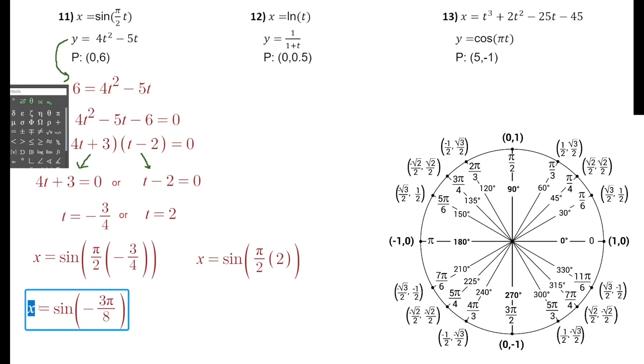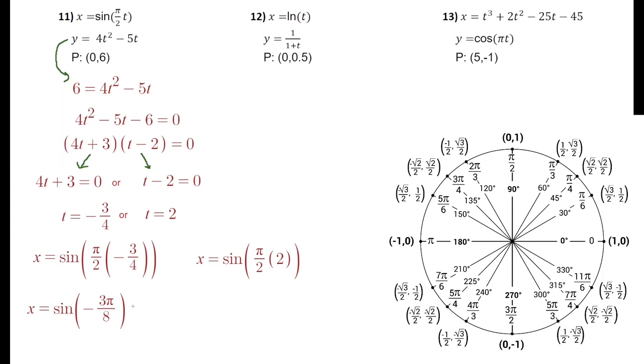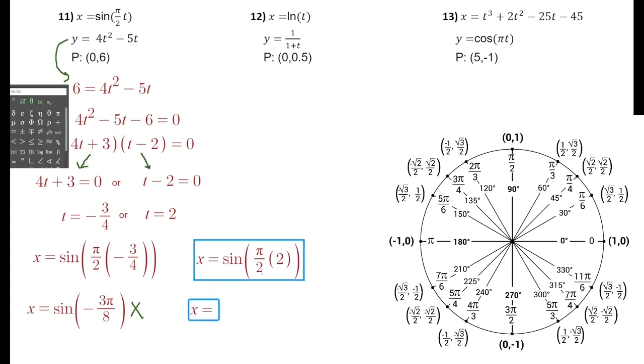We'll put it in the calculator to figure out exactly what it is, but what we need it to be is 0. So this one's not going to work out. This one, on the other hand, we have sine of, well, let me just copy all this instead of rewriting it.